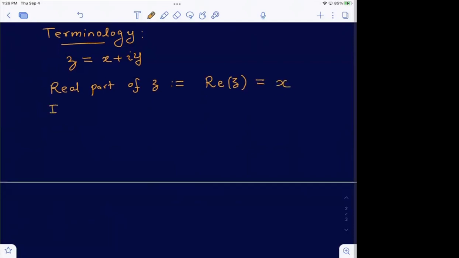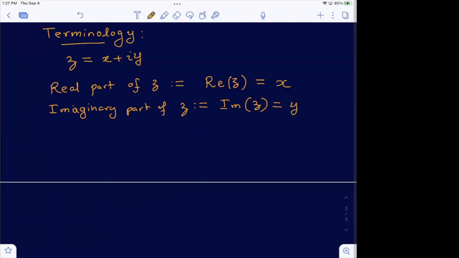Similarly, the imaginary part is Im(z). In that way, you can extract exactly the real component and imaginary component whenever you need to talk about them precisely.